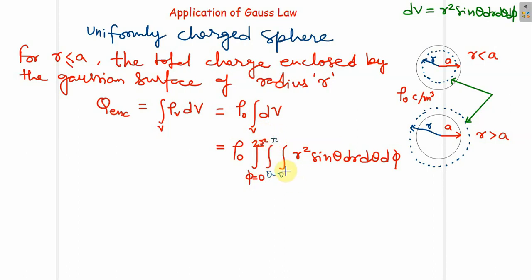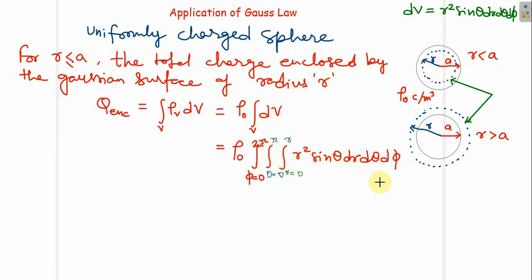And what is the limit of r? This r will vary from 0 to the radius r, because we are integrating for the radius r. Okay, so there are the three limits.